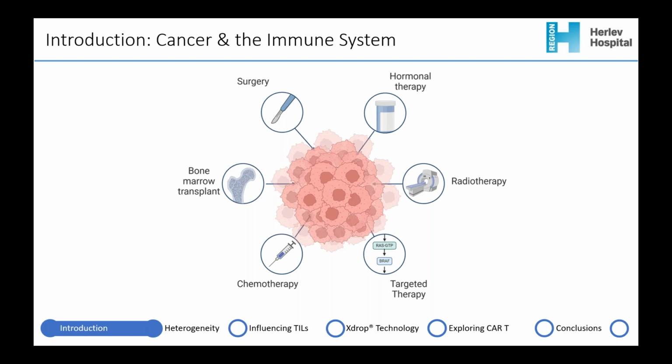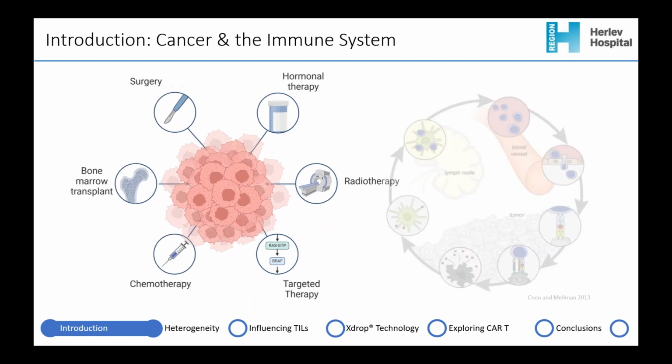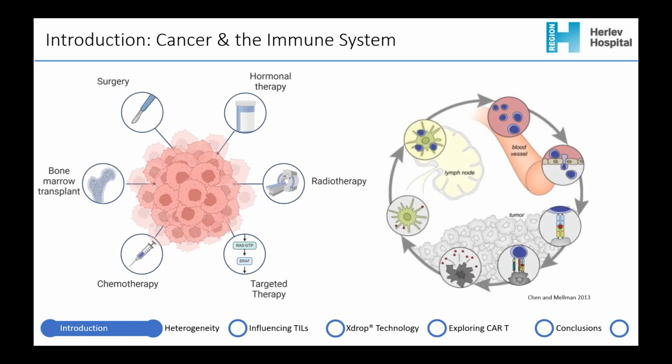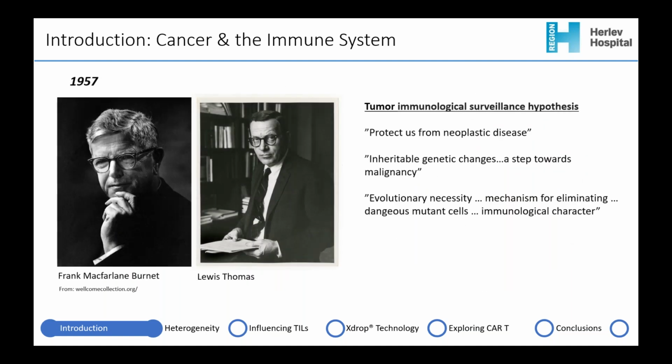So coming back to the initial question, why would we use the immune system? It turns out that the immune system changes and evolves in parallel with cancer. Some of us probably think of cancer immunotherapy as a relatively new field, but it's actually been almost 70 years since Frank Burnet and Thomas Lewis made the tumor immune surveillance hypothesis. They weren't so much trying to put their finger on a definition for the immune system.